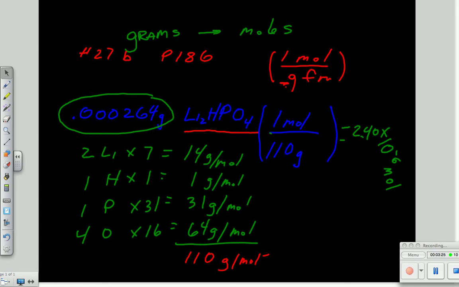Okay? So 2.40 times 10 to the minus 6 moles of lithium hydrogen phosphate are equal to 0.000264 grams. I hope I didn't mess up by having this sitting there. Okay?